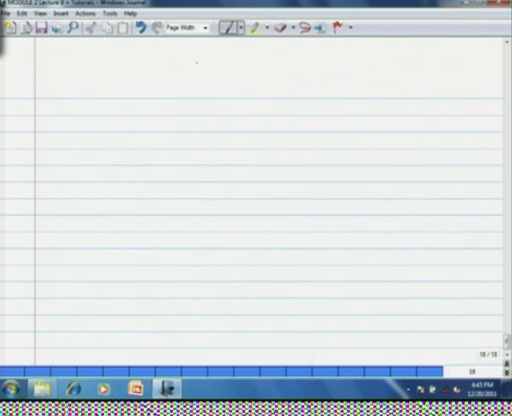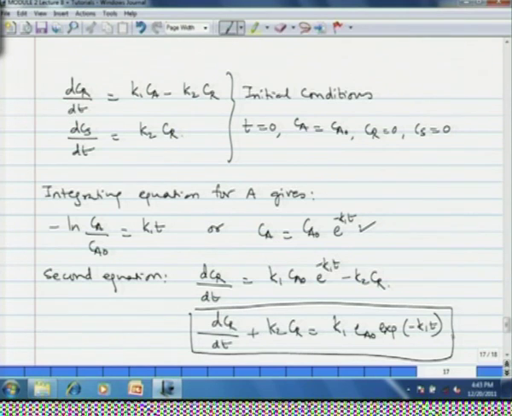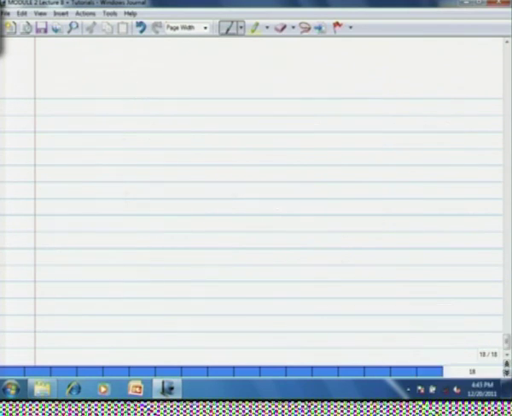Now, if we see what type of differential equation is this expression for Cr, then we find that the expression is very much similar to the first order linear differential equation in the form dy by dx plus py is equal to q.